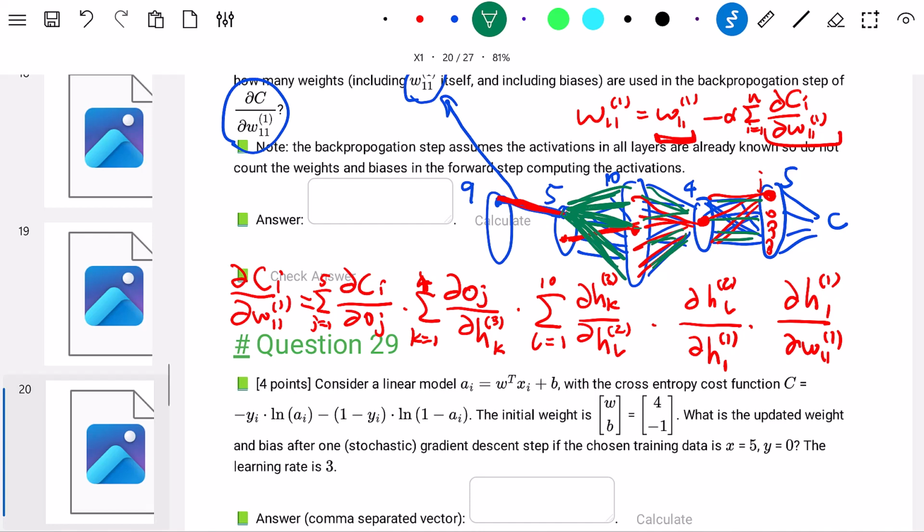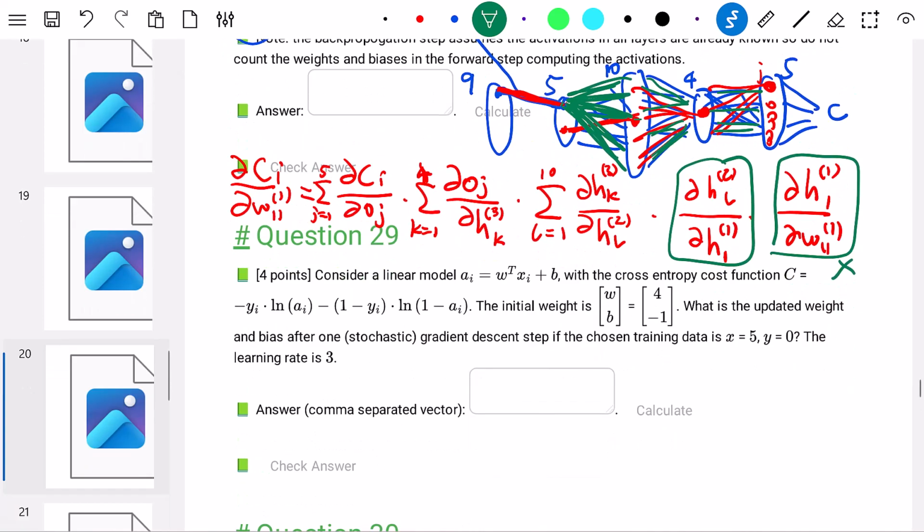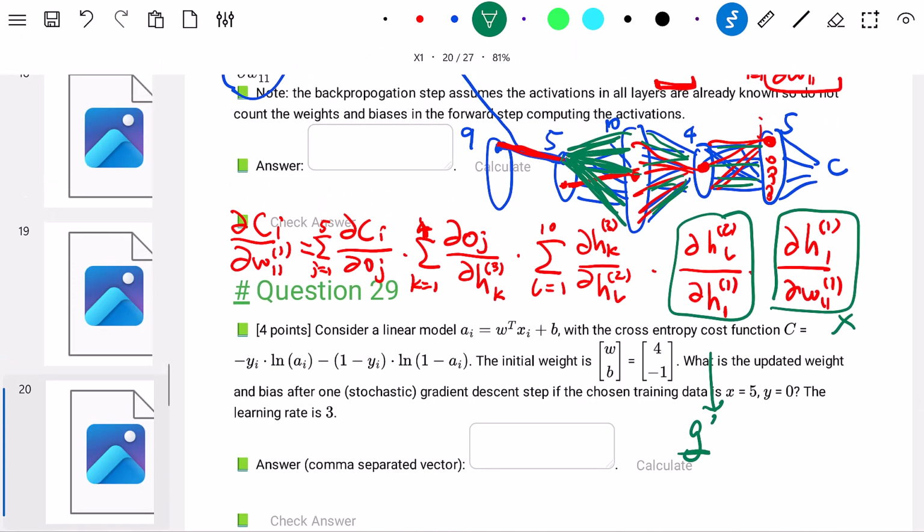So at this point, I think you can already count, but let's take a further step and say this we know is x, and this we know is the derivative of the activation, so it's g prime, and that g prime again is the derivative of the activation with respect to the linear part, so that derivative is independent of the weights.